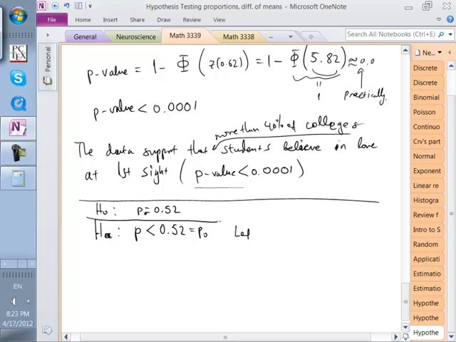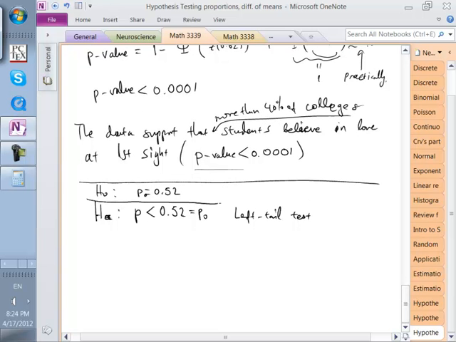So we have a left tail test. And of course our X is the Bernoulli random variable, which takes the value 1 if an American is very or somewhat concerned about having the money to make their monthly mortgage payments, or 0 if not. P is the probability of success that we're making the test for.